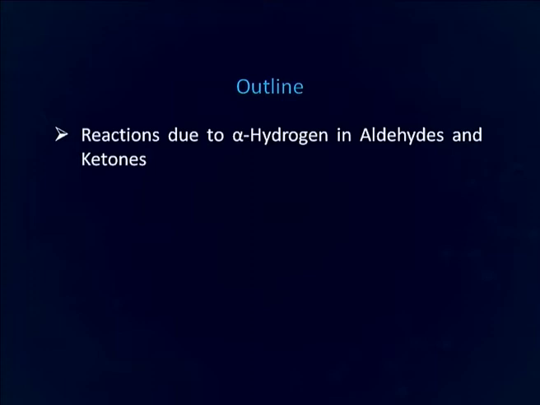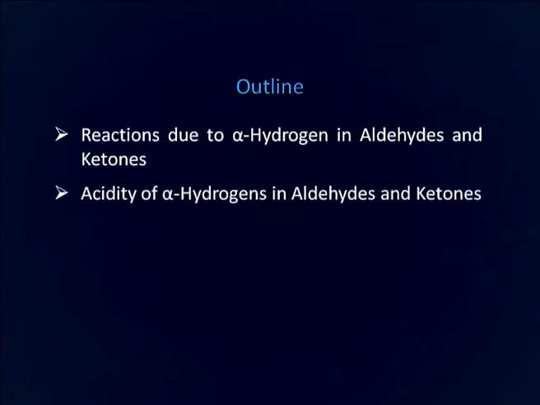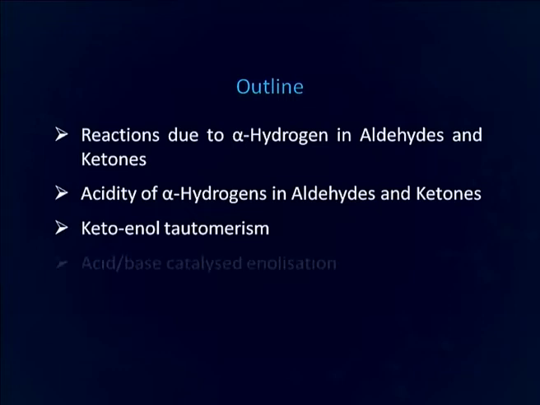Now, in today's lecture, we are going to discuss the reactions due to alpha hydrogen in aldehydes and ketones. We will discuss the acidity of alpha hydrogen in aldehydes and ketones, because of which there is formation of keto-enol tautomers. We will discuss acid and base catalyzed enolization reactions.